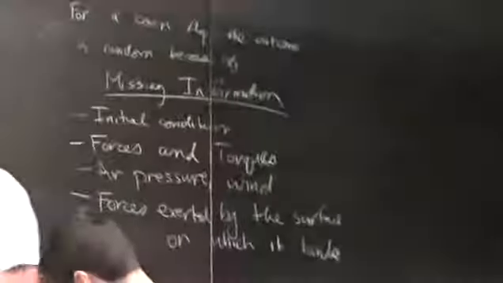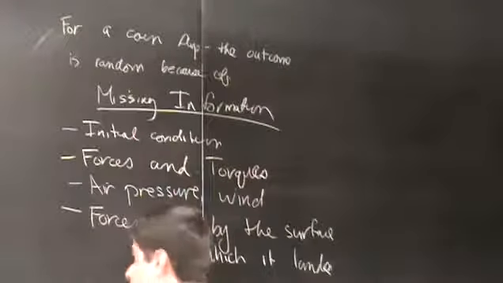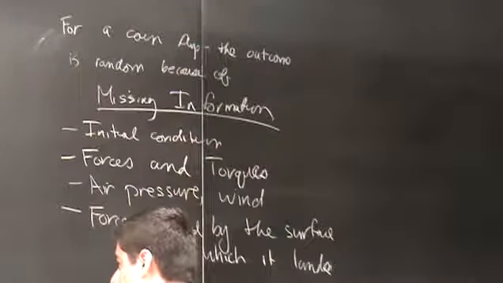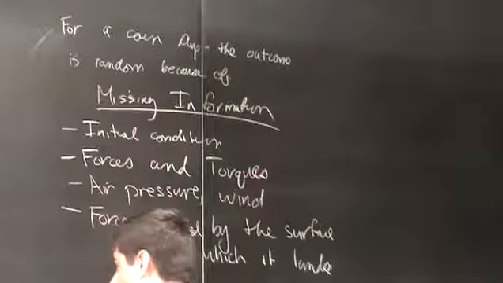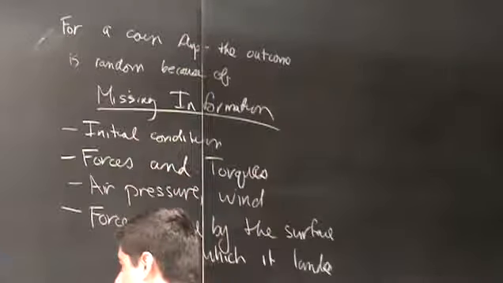In fact, if we're good enough, and I'm not anywhere near good enough, but I've seen someone who can always flip a coin to land heads. You have to practice a heck of a lot, but if you torque it just the right way with just the right force, it's going to make exactly the right amount of flips.